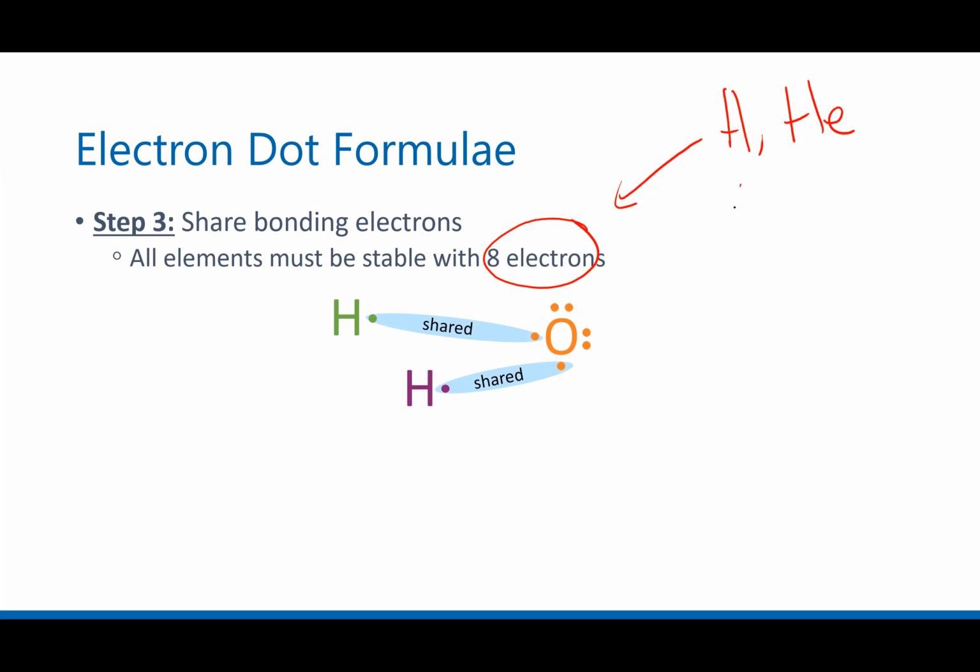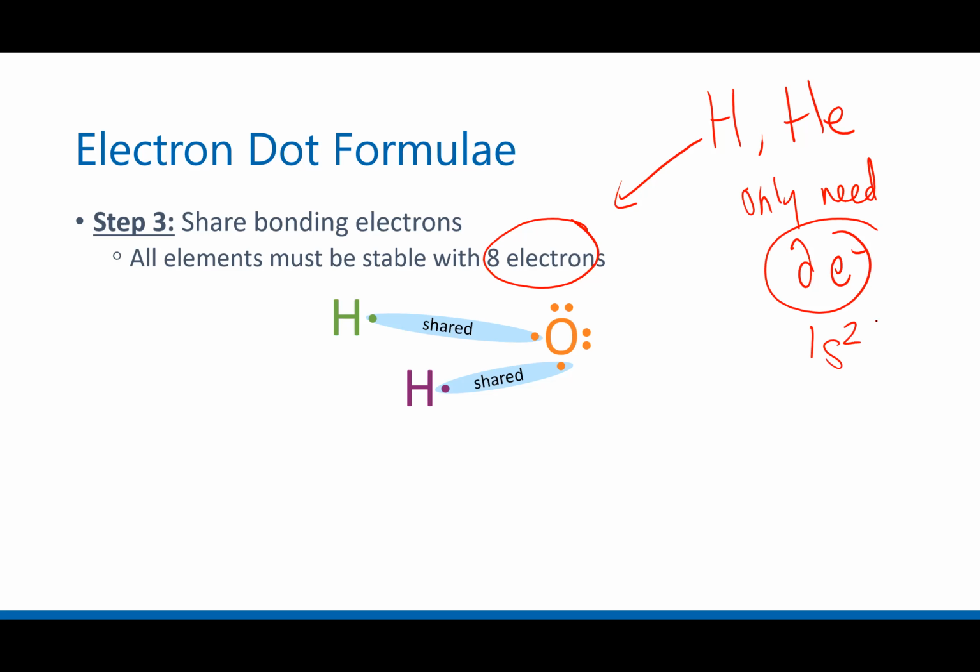So hydrogen and helium are so small, they only need 2 electrons. Everything else will basically follow our rule. Certainly in covalent bonding, things like nitrogen, oxygen, carbon, they will need to have 8 electrons. Again, hydrogen is just too small to hold on to 8. It only needs 2. That would be its first energy level, 1s2.